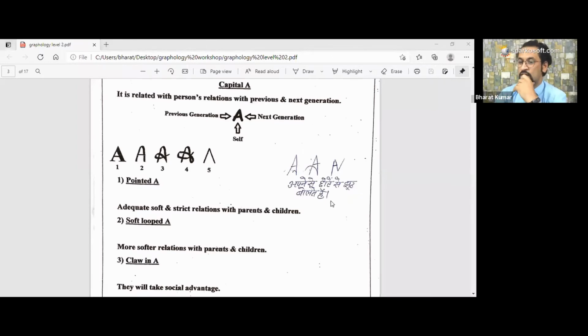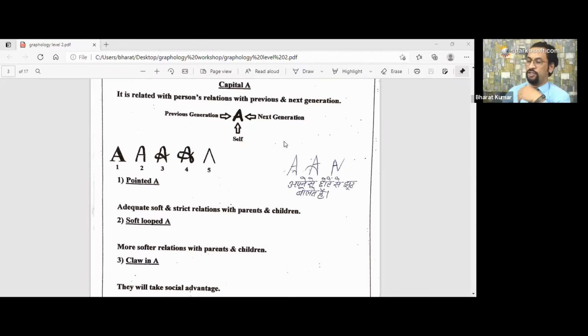Now check. So first kind of A, focus on that. Then I will tell you about those A's which I have written on the side. So first focus on the first kind of A. Okay, someone requested to repeat. Check on the diagram, it is written: left side of A relates you with your senior generation or parents.